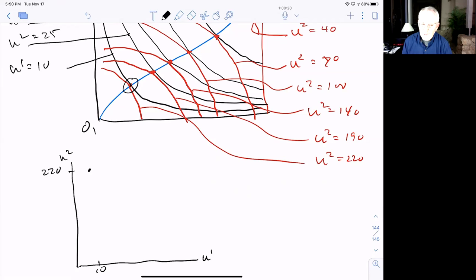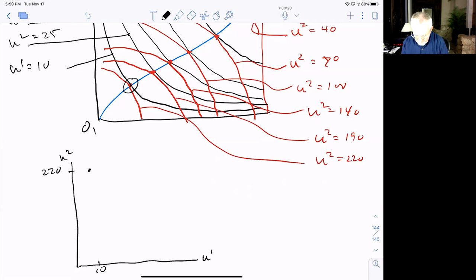So in that sense, it's maximal. I can't increase 2's utility past 220 without reducing 1's utility. And that would violate this notion of Pareto efficiency, which is implicit on our contract curve.